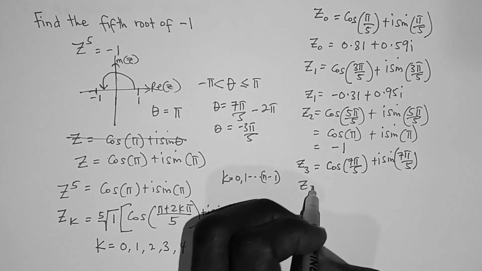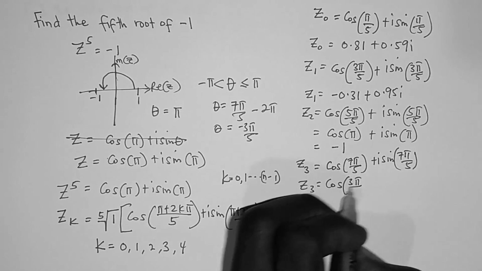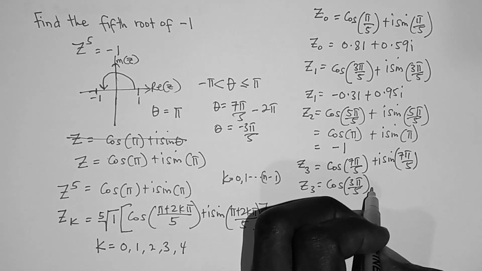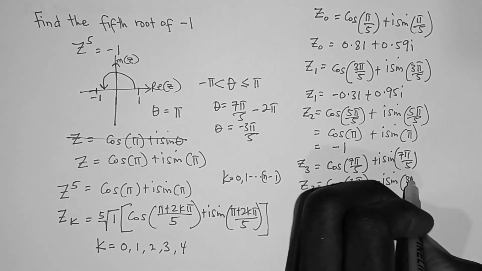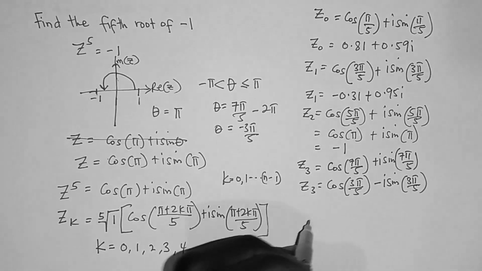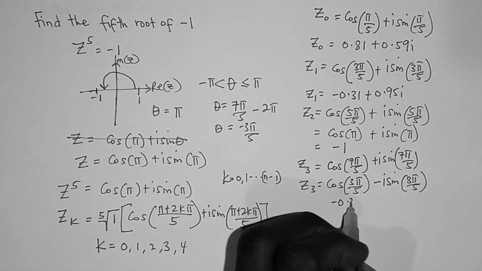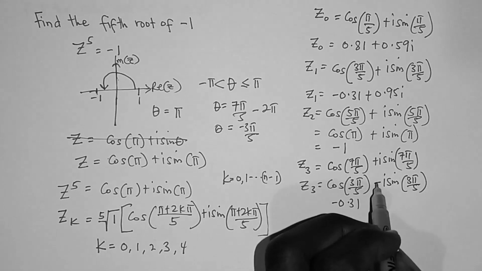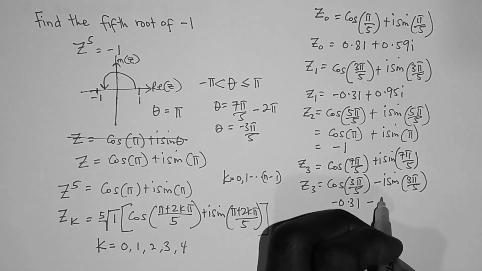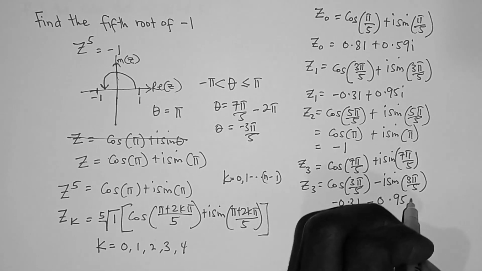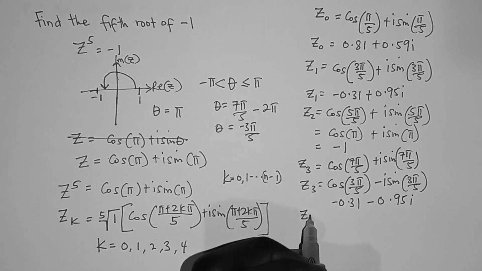So Z3 is equal to cos into bracket 3 pi over 5, then minus I sine 3 pi over 5. Cos 3 pi over 5 is minus 0.31, then minus sine 3 pi over 5 is 0.95. So minus 0.95 I.